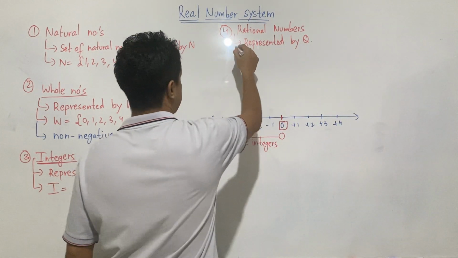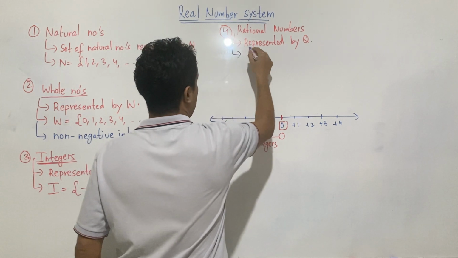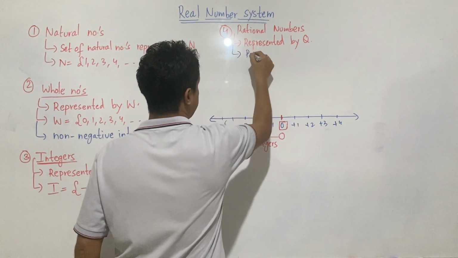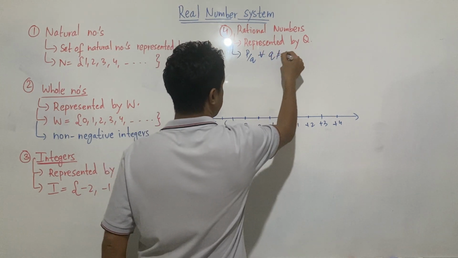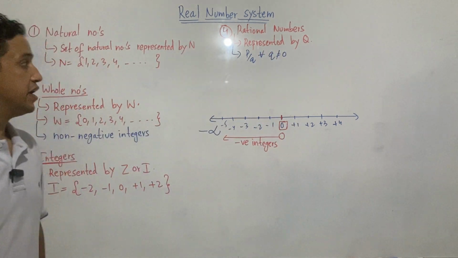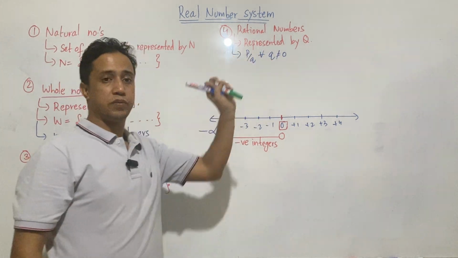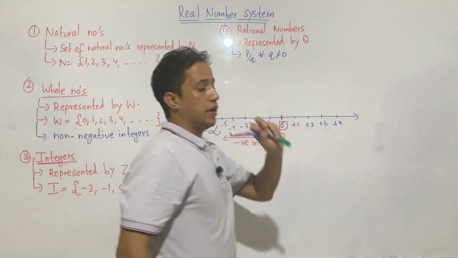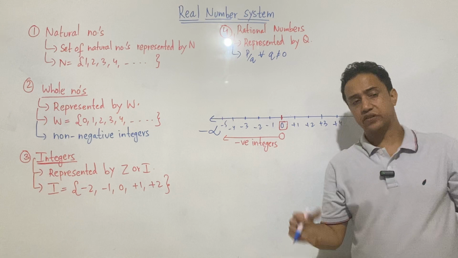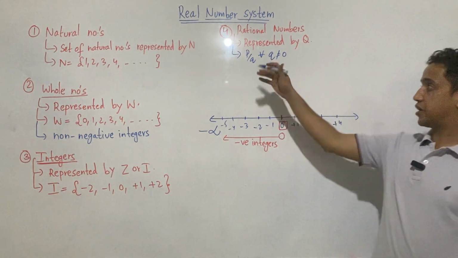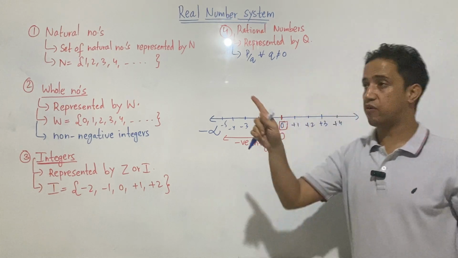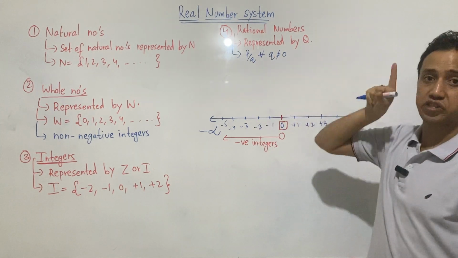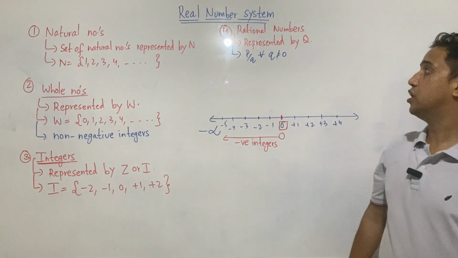It means rational numbers are of the form P by Q for all Q not equal to 0. Why? If Q is 0, then this is not defined. So all those numbers which can be written in the form of P by Q for all Q not equal to 0 are rational numbers.